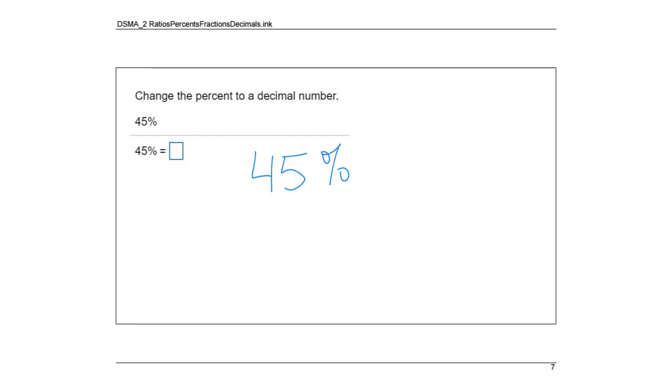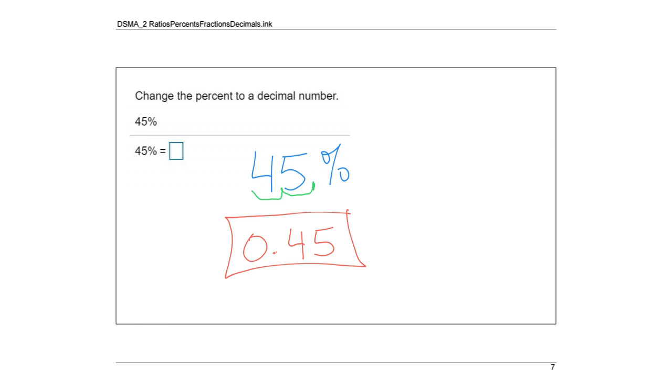Okay, so let's go the other direction. So they gave me a percent, 45%, and they want me to change this to a decimal. So don't forget the decimal point is right here after the 5, and I need to move to the left 2. So I now have 0.45, and drop the percent sign.